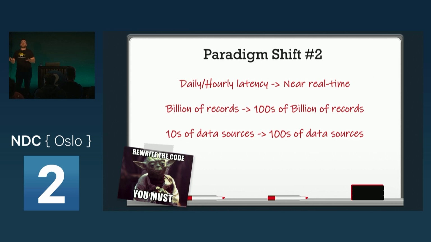So let's see what we talked about, right? The first one is that data latency is unacceptable anymore. We want to go from data being available for analytics a day or an hour later to ideally seconds, or worst case minutes, as near real time as possible. Usually at the same time scale also increases. We're getting to the point where our batch-oriented processes don't scale anymore, or at least some of them don't.